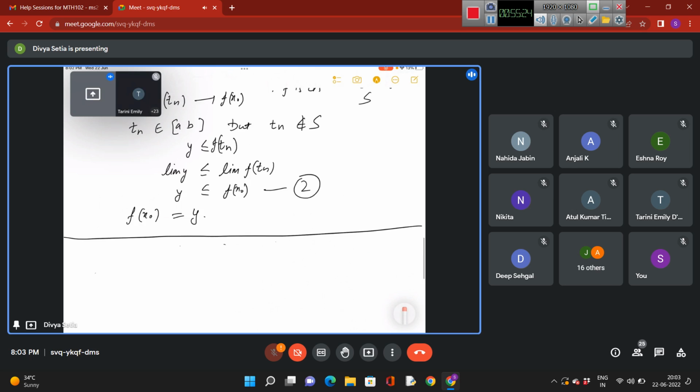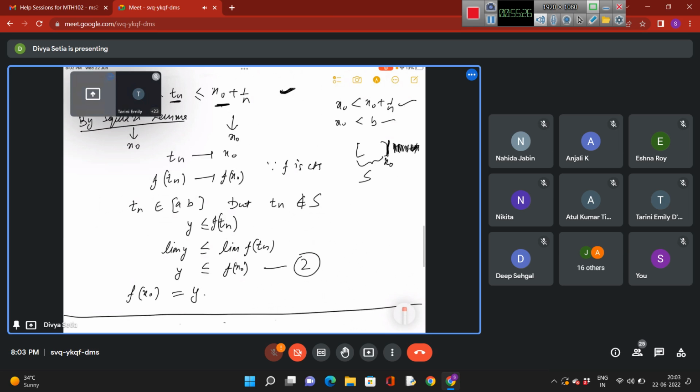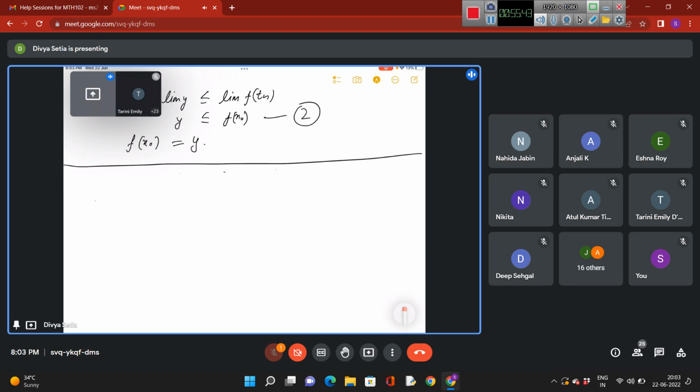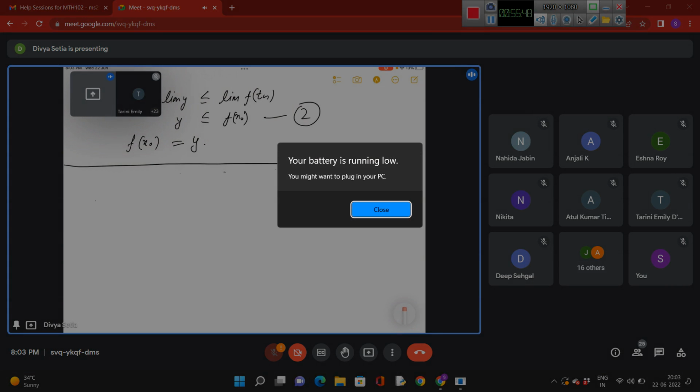At least the statement that any value lying between f of a and f of b will always have a pre-image. The function cannot skip any value because it's a continuous function, and that should occur pretty naturally, right?